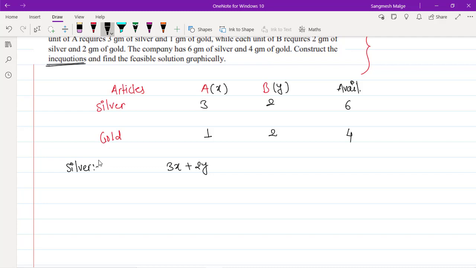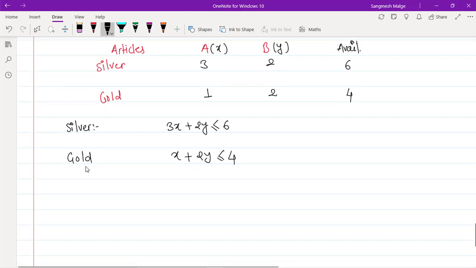So for the first you are getting 3x plus 2y less than or equals to 6. Yes or no? Because the maximum availability is how much? It's 6. And for the gold, how much do we have? I have x plus 2y less than or equals to 4. Okay, and where x and y are what?